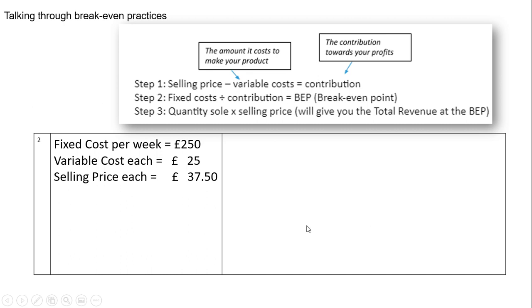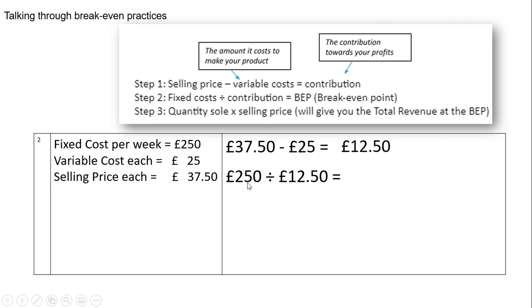We're going on to task 2 now. So we have to do the same thing, selling price minus variable costs. So that's 37.50, which is our selling price, minus our variable cost, which is £25. So it costs us £25 to make this product, and we sell the product at 37.50. That's the formula that you need to start off with. You should get £12.50.